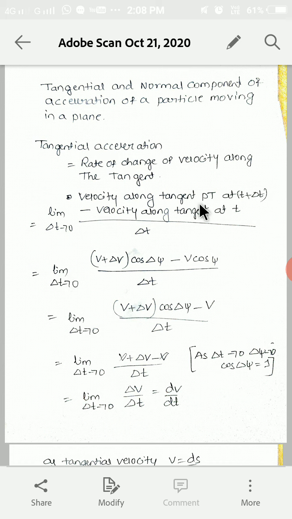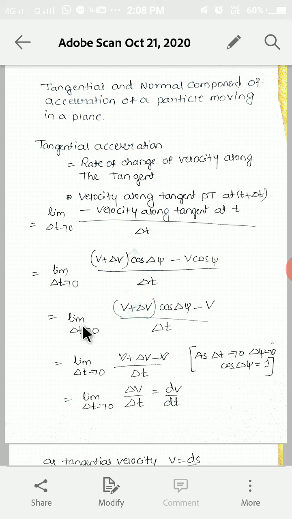Now the velocity along the tangent at t plus delta t is nothing but v plus delta v. So earlier the velocity is v, and after time t plus delta t, it is v plus delta v multiplied by cos delta psi, minus the velocity v cos psi at time t, divided by delta t, limit as delta t tends to 0.